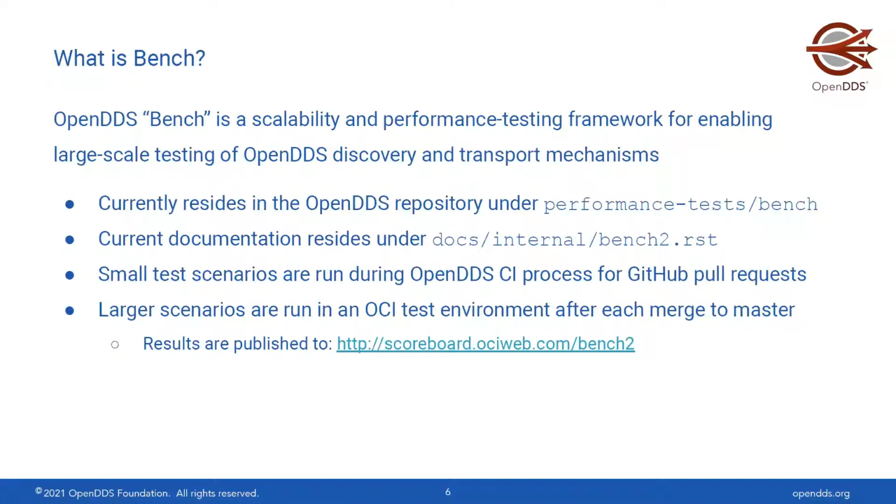The current iteration of Bench is actually the second iteration of it, and we'll talk a bit more about what motivated a second version in a second. But the primary difference amounts to our needs for a tool to test OpenDDS performance and correctness at scale. So if you see things that say Bench 2, that's really what I'm talking about, but we're just calling it Bench today because it supersedes version 1.